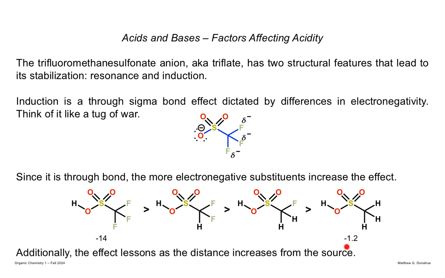It's still a strong acid, but it's a lot weaker than -14. If you deprotonate this, you still have resonance stabilization, but really what it's telling you is the influence of those fluorines in increasing the acidity. So as you start substituting H's with fluorines, once you get all three on there, that peps up the acidity quite a bit.